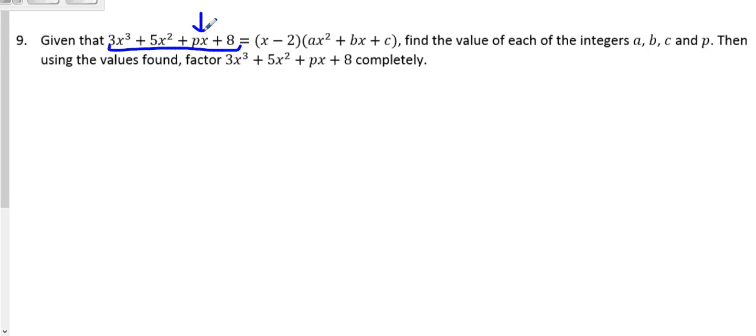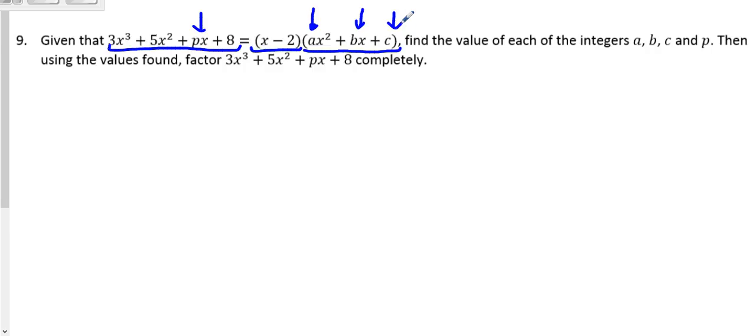And then we have been told that this is a factor, and that when we divide that synthetically, that second part is what we will get. Then we have three numbers here to figure out. And once we do that, we need to factor completely. So this brings almost everything that we have done so far together.